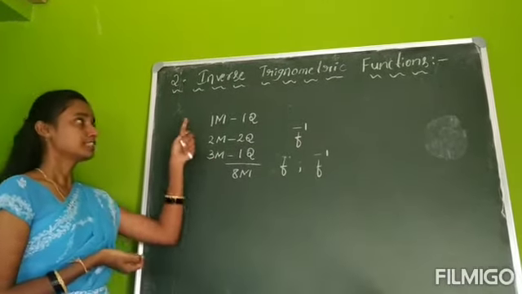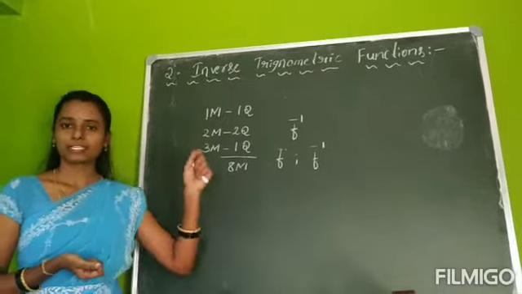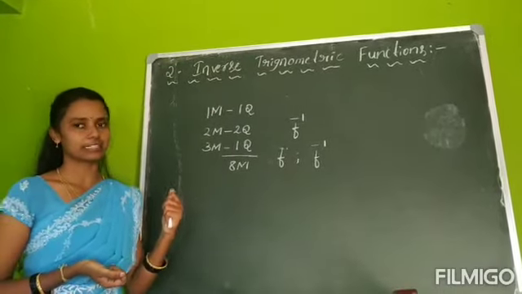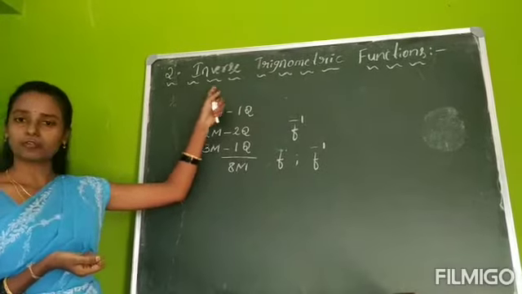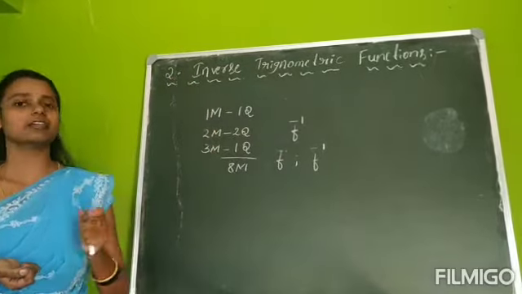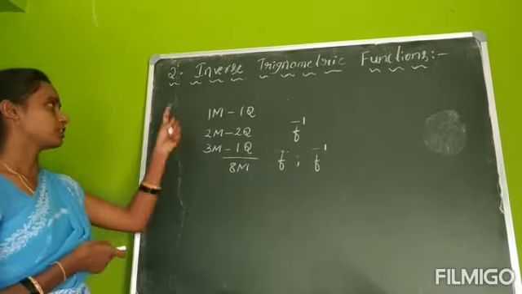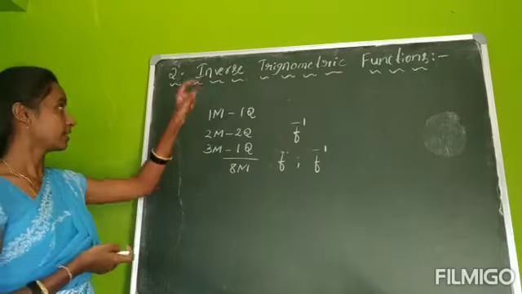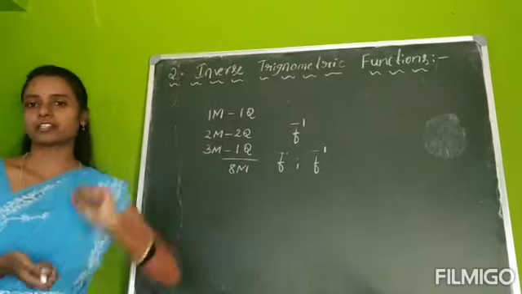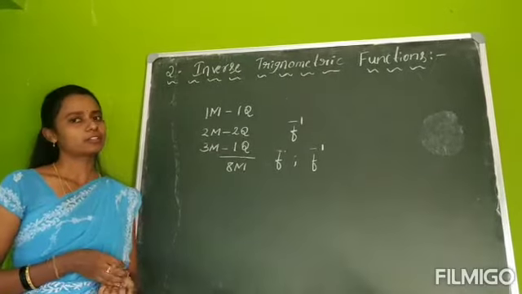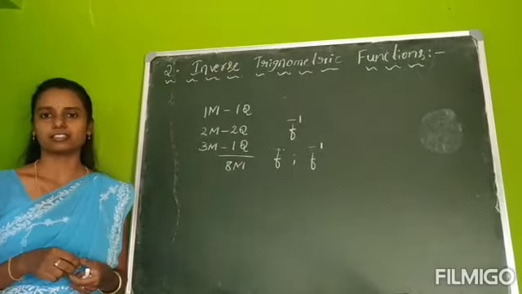This inverse trigonometric function plays an important role in calculus, where we make use of it in integration. And lastly, it has applications in science and engineering, which you will come to know in your further studies.